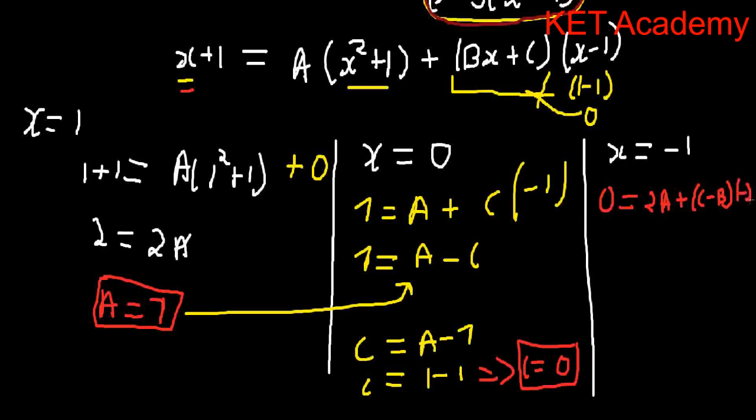So the space is kind of small there, so I'll have to manage it. I'm looking for b. I need to make b the subject of the formula. So if I send a this way, I'm going to get minus 2a to be equal to minus 2 into c minus b.